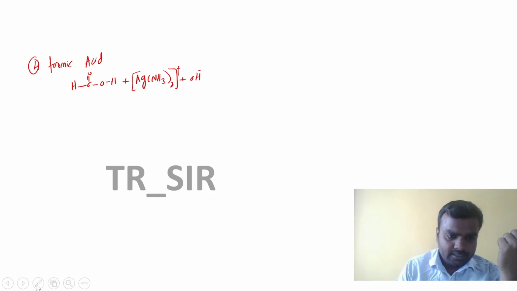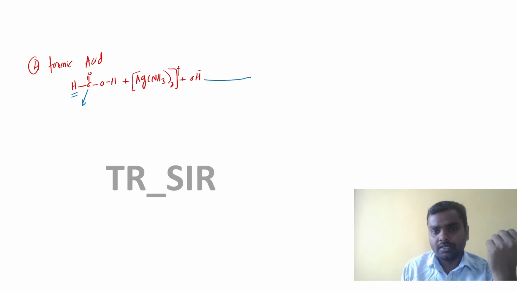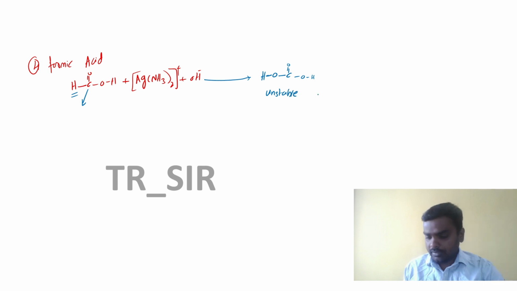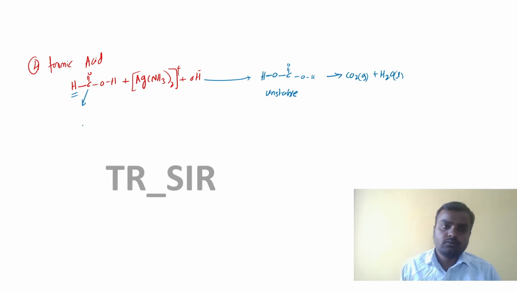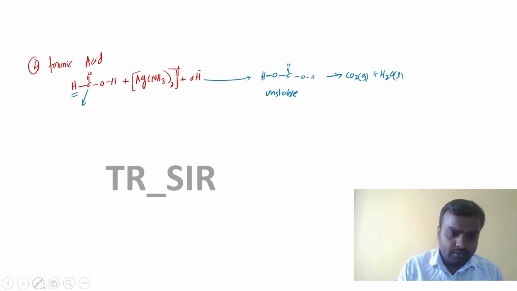The reaction takes place with formic acid because the carbonyl carbon has one hydrogen, so oxidation takes place. Carbonic acid is formed. This is unstable, so finally it converts into carbon dioxide and water. So formic acid also gives the silver mirror test.